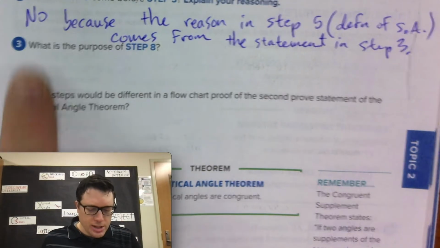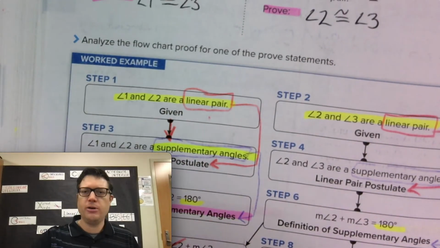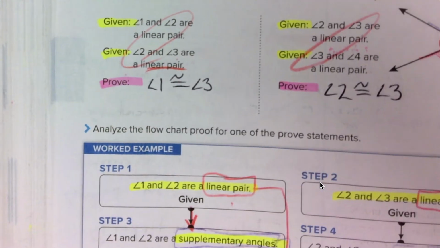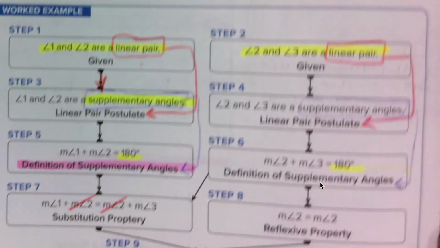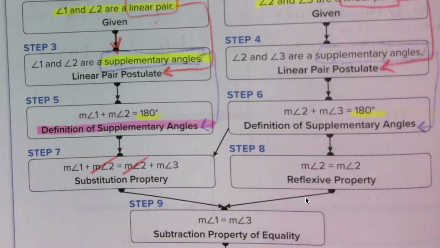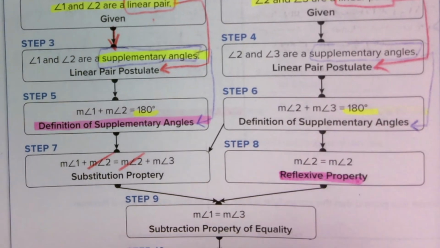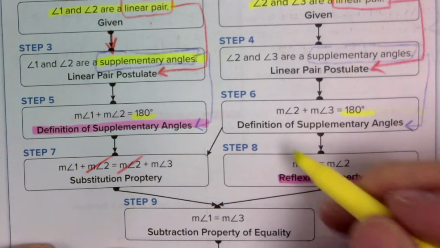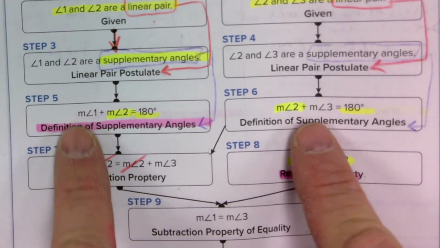Okay, next question. What is the purpose of step 8? Let's go look at step 8. Step 8 says the measure of angle 2 is equal to the measure of angle 2, and it's the reflexive property. This one kind of comes out of nowhere, except I noticed that there was an angle 2 and an angle 2 in two different steps.